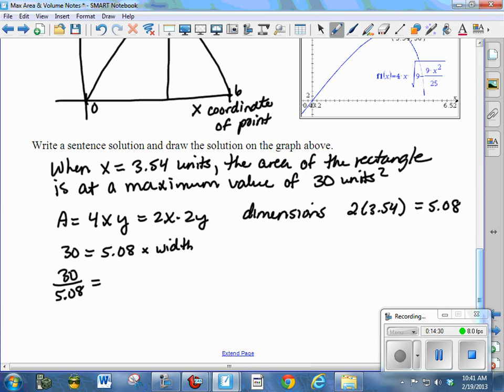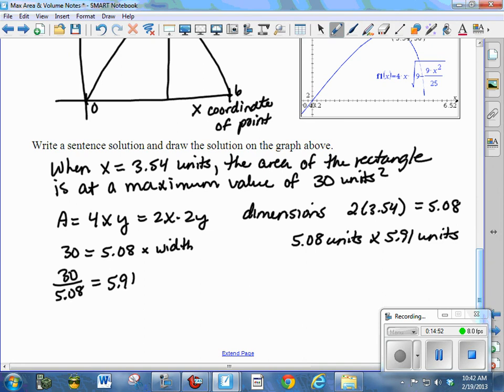And the other dimension would be 5.91. So the dimensions are 5.08 units by 5.91 units. And those are the dimensions of the rectangle that have the largest area.